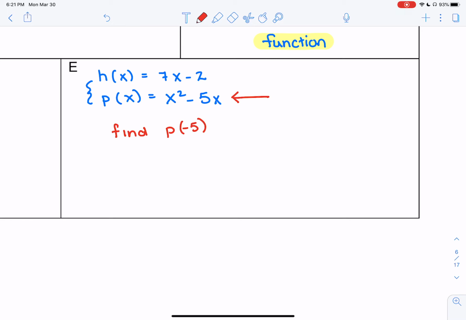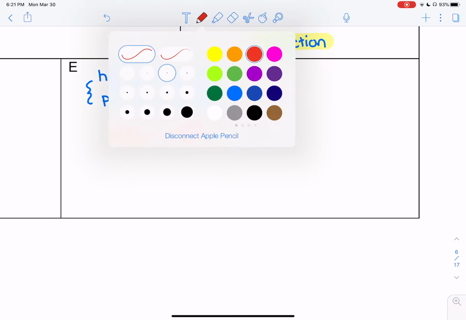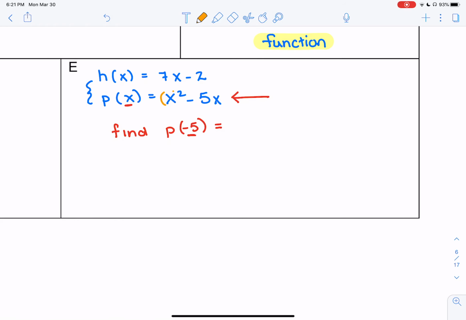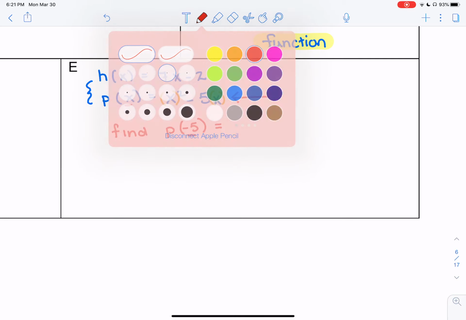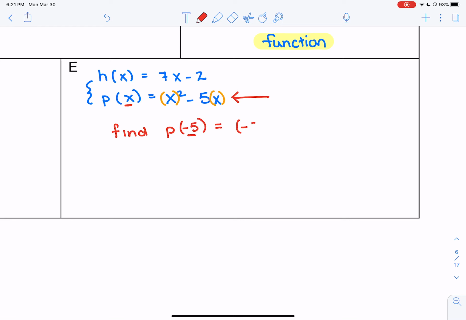So for P of -5, it means wherever we originally saw an X, we're now going to plug in a -5. So on the right-hand side, where you see an X up here, you're going to now plug in a -5. Okay, so it would look like this: -5 plugged in, squared, minus 5 times -5. All right, I'll color coordinate that just in case that's helpful for you to see it. Now I'm going to go back and simplify that.